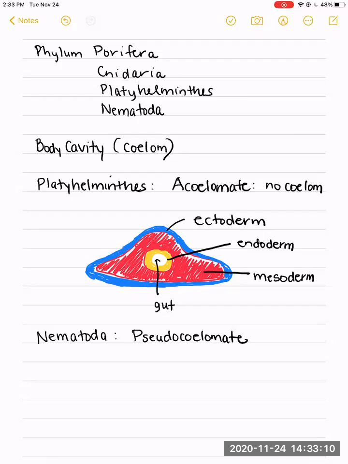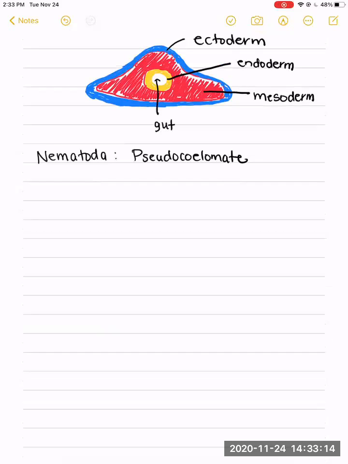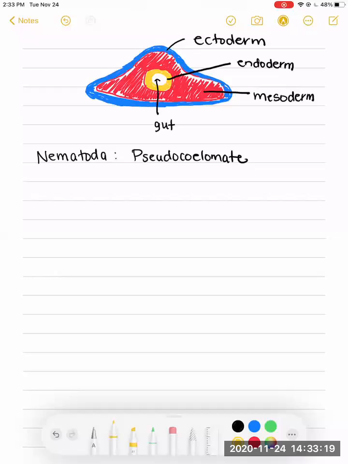What that means is, once again, using the same colors, there is a gut lined by endoderm. And then there's a space called the pseudocelome.